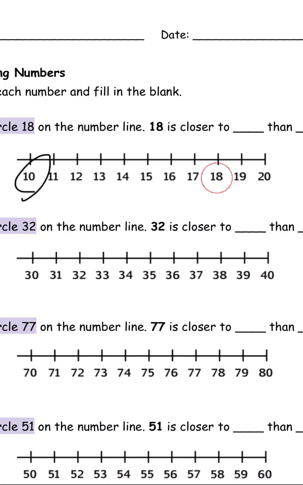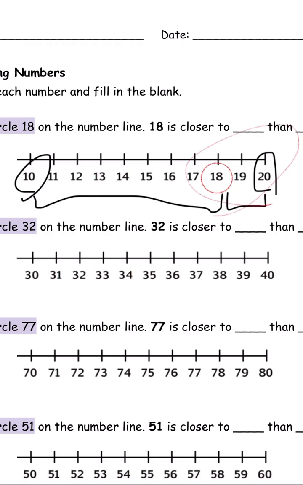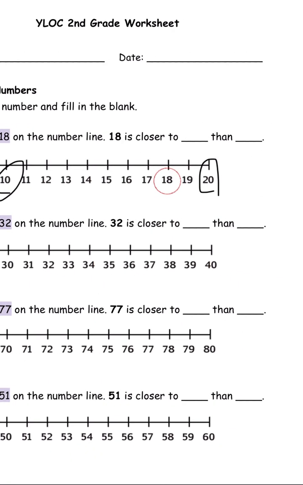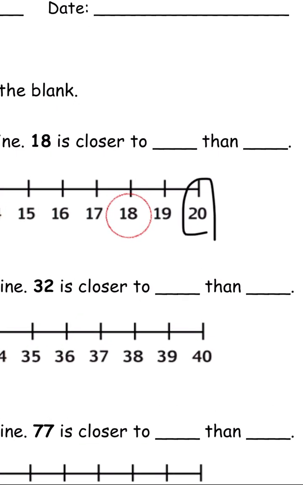When we look at it, we can see that this distance over here is much shorter, right? Which means that 18 is closer to 20. So we're going to write 18 is closer to 20 than 10.